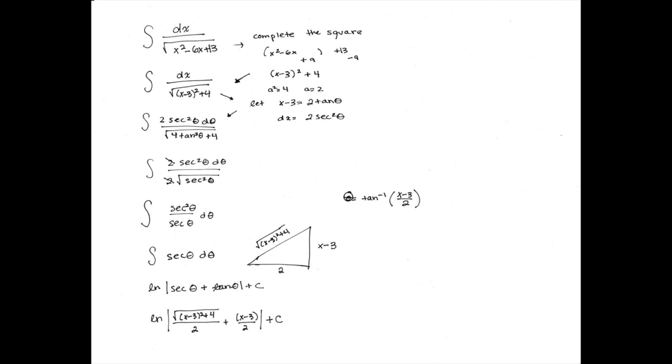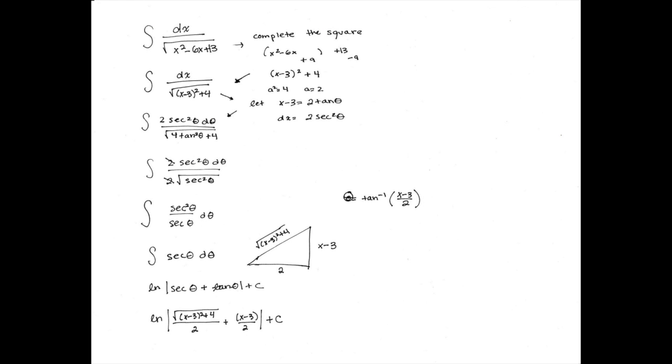We first factor out the 4, and if you take the square root of that, you have a 2. Then tangent squared theta plus 1 equals secant squared theta, so we have 2 secant squared theta d theta all over 2 square root of secant squared theta.